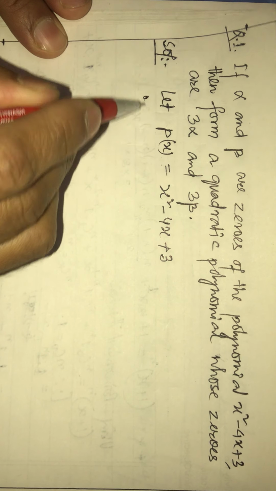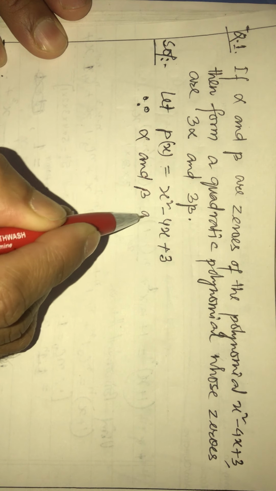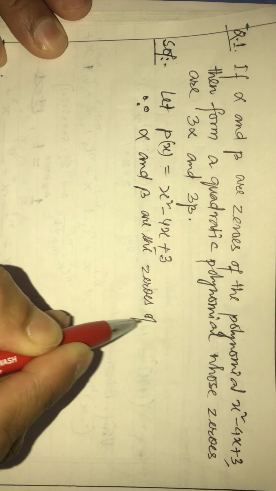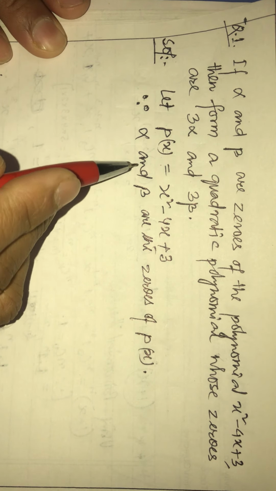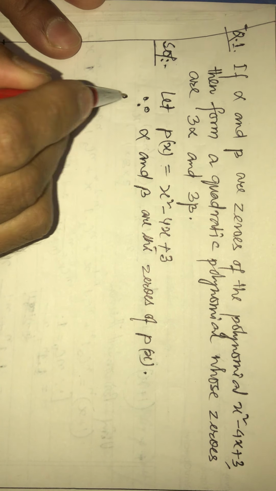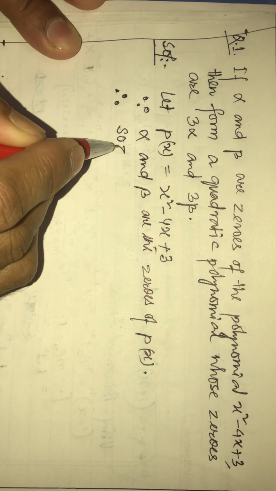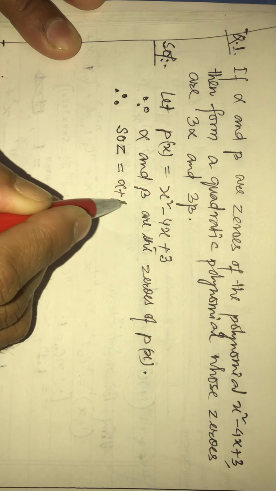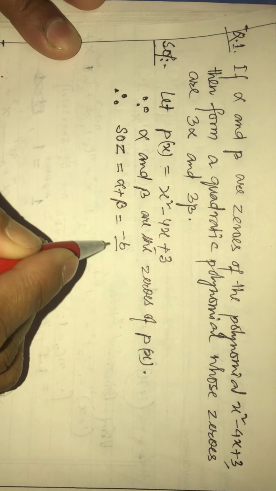So we can write here, since alpha and beta are the zeros of p(x), we can directly make use of the relations sum of zeros and product of zeros. Therefore we can write first, sum of zeros as alpha plus beta, and we know it is minus b by a.